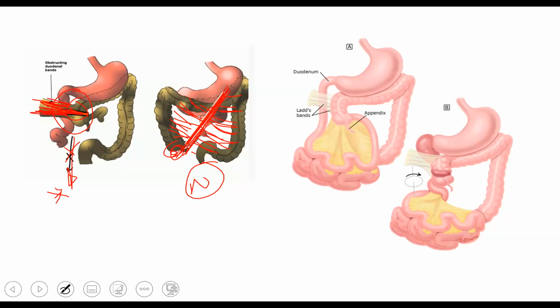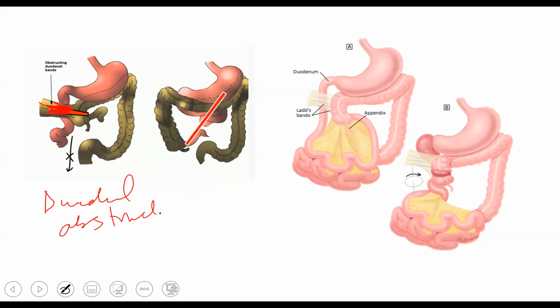So what's the issue with malrotation? Malrotation can be diagnosed early and can be late. Nobody knows. Later on, in adolescence or adulthood, it might present with symptoms. Anytime you have malrotation, number one, the risk of the Ladd band, as you can see here, let me clear it up. The Ladd band can compress the same way as when we discussed annular pancreas, can compress on the duodenum and cause distal duodenal obstruction.